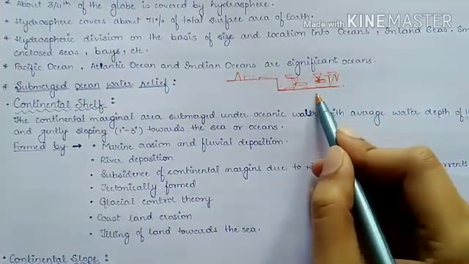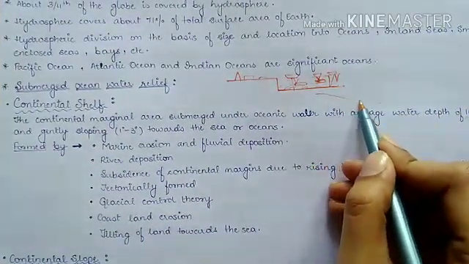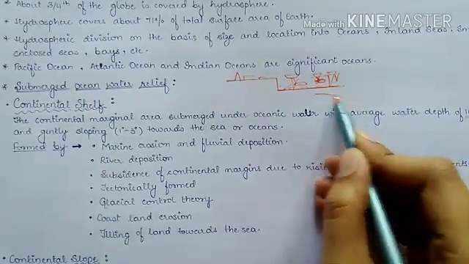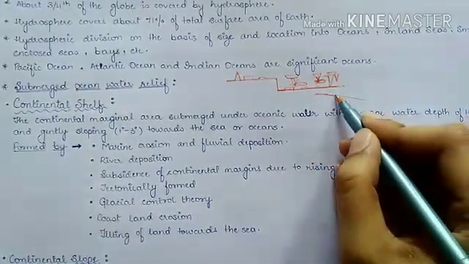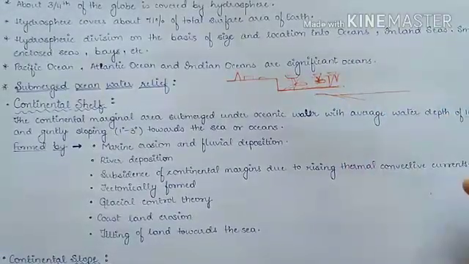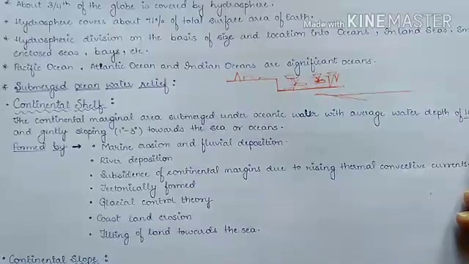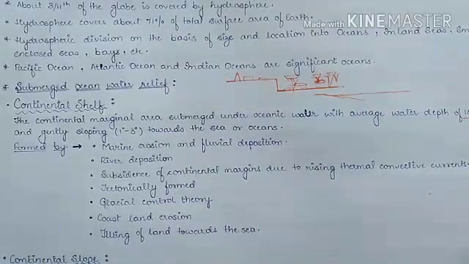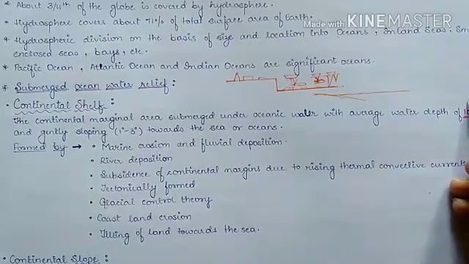So this is our continental margin, and the part of the continental margin that is submerged in the ocean has a depth of 100 fathom. 1 fathom is equal to 6 feet, so 100 fathom will be equal to 600 feet.